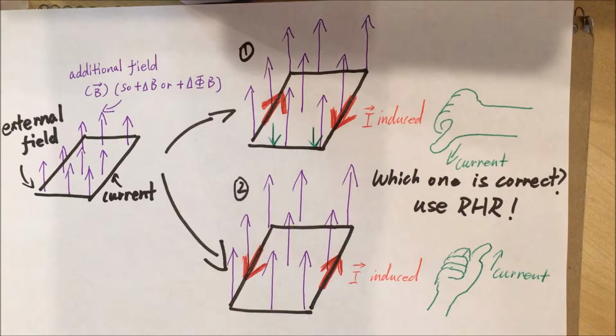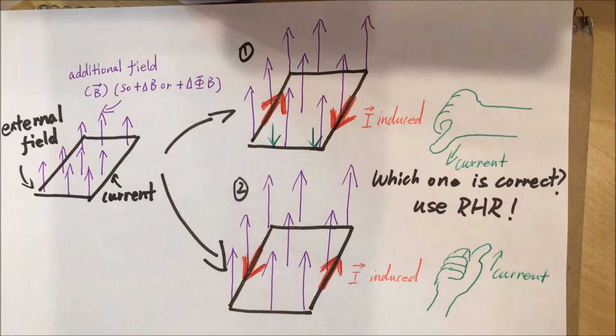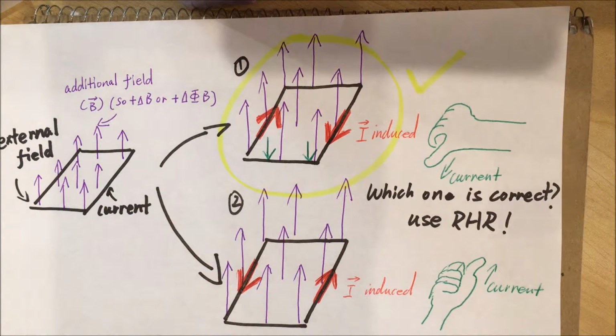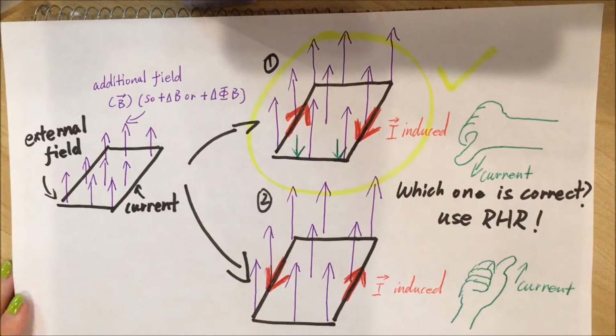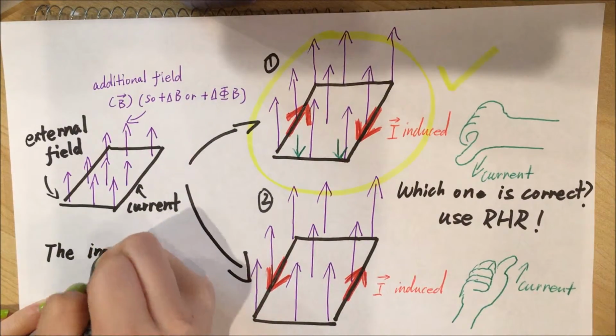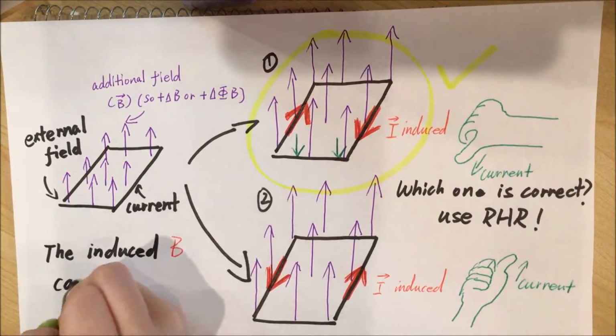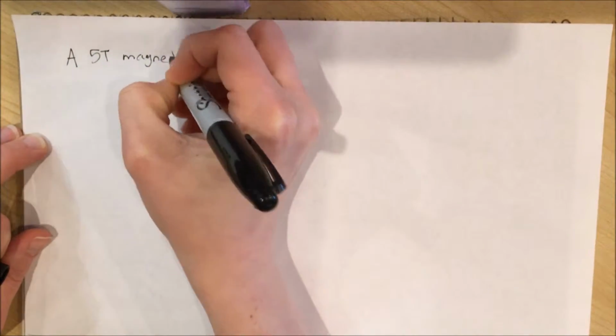So number one would be correct. Because if you add a positive and you take some away, you're mitigating the additional. Remember that systems do not like change. So the induced field will cancel out the added one.